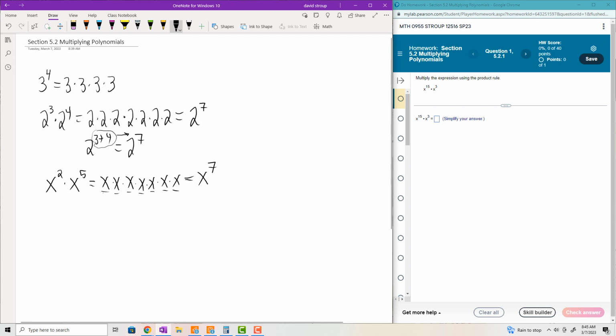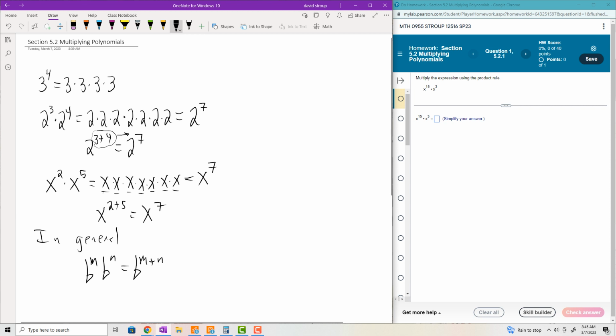But it's much quicker to say x to the 2 times x to the 5th is x to the 2 plus 5, and that will be x to the 7th. So we get this general rule: if you have like bases, b to the m times b to the n equals b to the m plus n.